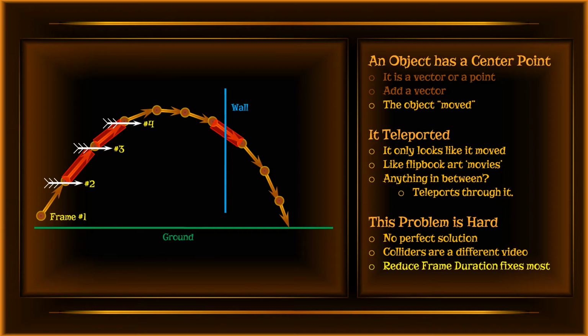The simple solution is usually to reduce the frames down to a smaller length, but not all problems can be fixed like that. And we'll get to that at the end of the video, explaining why that doesn't work. But the big point is that objects teleport, they don't fly continuously from one place to another. So it's a little bit unlike our own normal experience, and we kind of assume things slide from one place to another, but in a game it just doesn't work that way.